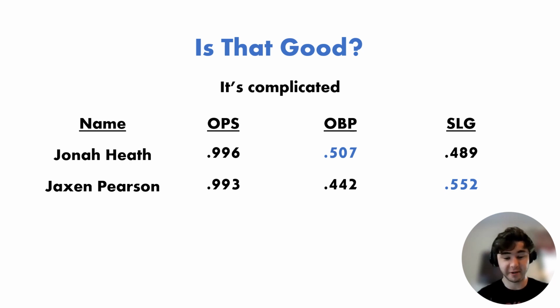This example that I have here is Jonah Heath and Jackson Pearson from 2022. Their OPS is almost exactly the same, separated only by 0.03, but they got to it in vastly different ways. Heath got to it by getting on base over half of his plate appearances, and Pearson got to it through a .552 slugging percentage, which is excellent.